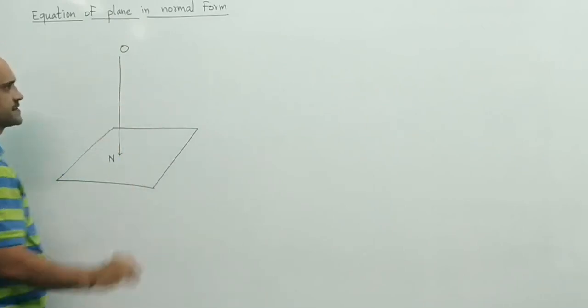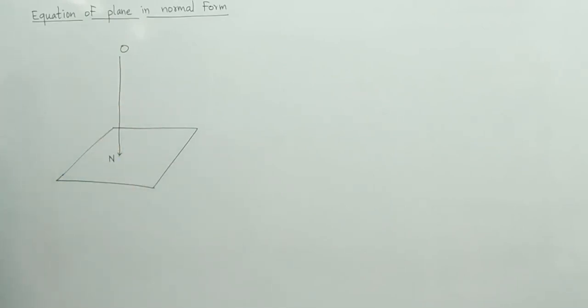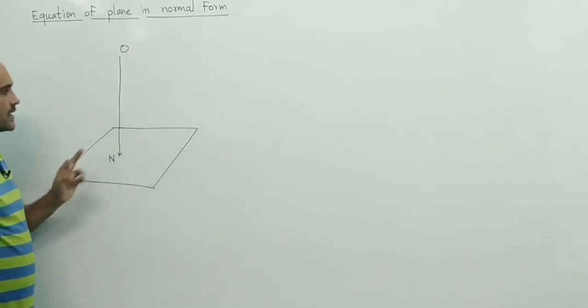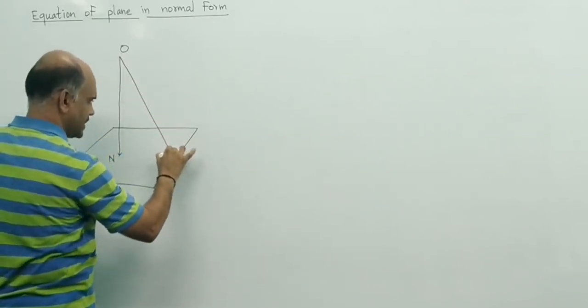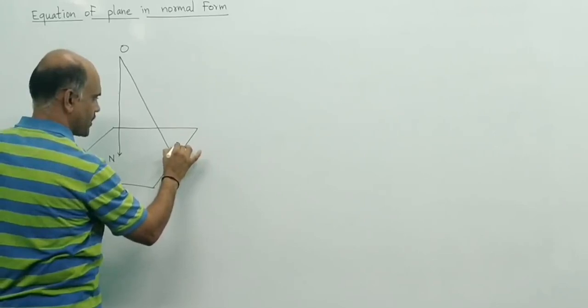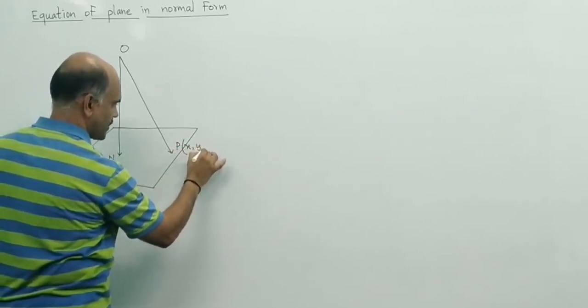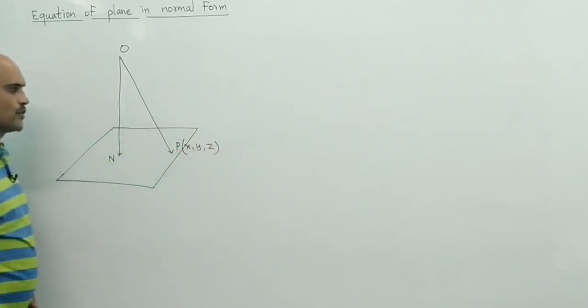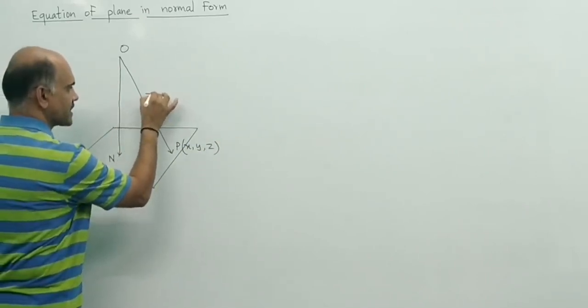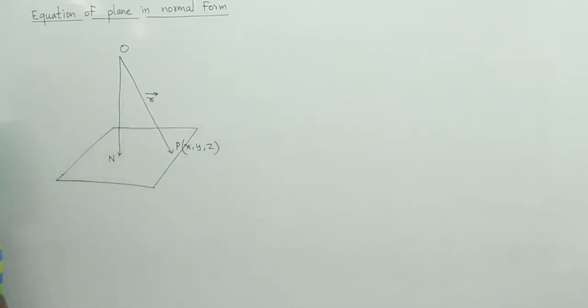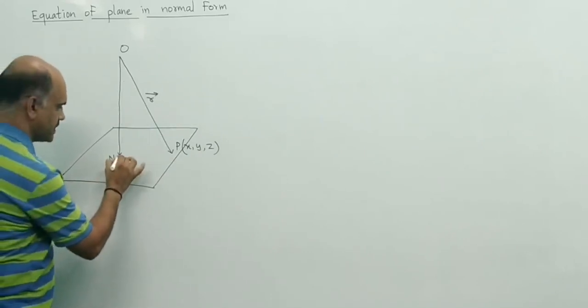So this distance is d. Then P(x, y, z) be a point on this plane whose position vector is r.